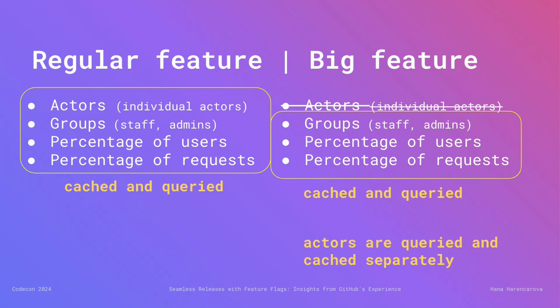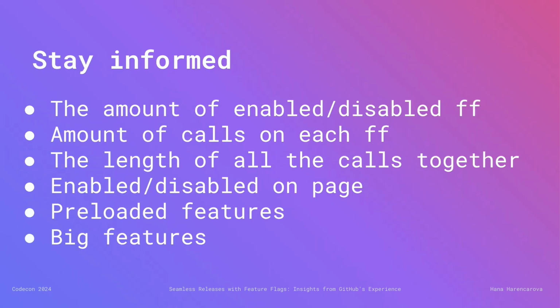This will increase the amount of reads which go through the database, and also it will increase the amount of keys which we store in Memcache, but it will keep the individual keys smaller, so it's faster to iterate over them. And that makes the whole lookup faster.